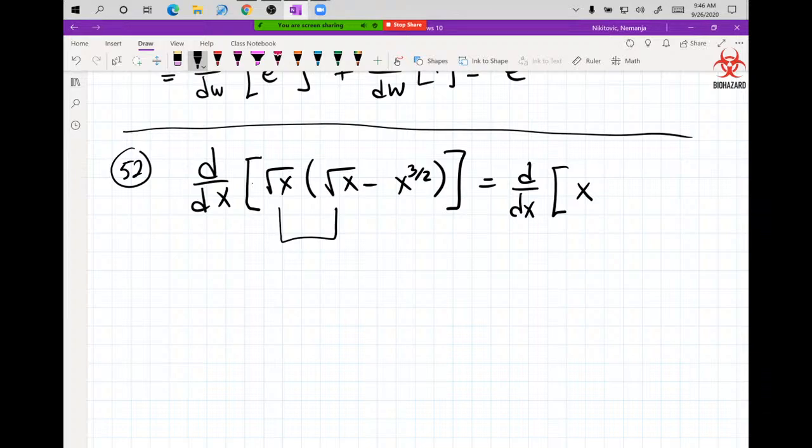And then when you have 3 halves plus 1 half is 4 halves, which is 2. So this is the problem that we have to solve when you simplify algebra. And the answer is the derivative of x is 1 and the derivative of x squared is 2x.